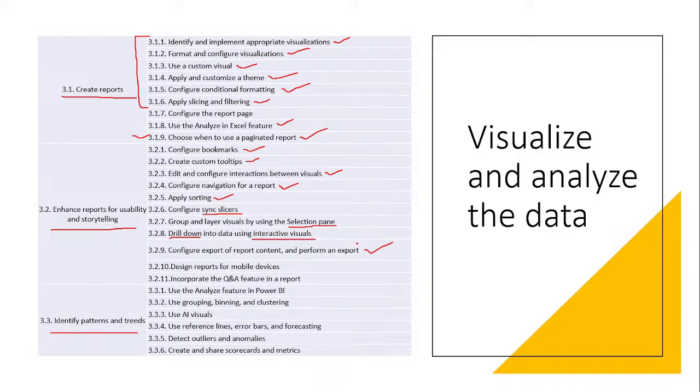Then you have mobile device designing also available in it. So how you can design the reports for mobile devices. Why is it required? Because as you know, Power BI is also available as an app. So Power BI mobile services are also available over there.